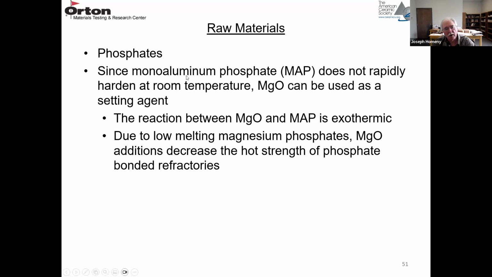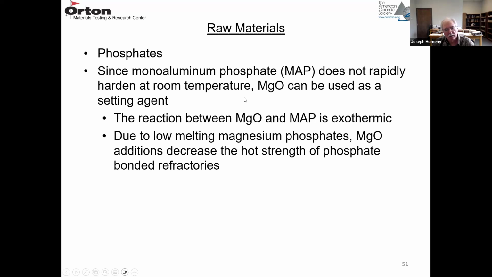It turns out that this monoaluminum phosphate, or MAP, is slow to harden at room temperature. It's a slow reaction. So sometimes MgO is added to set this material. So the reaction between MgO and MAP is exothermic. It generates heat. It accelerates the reaction.